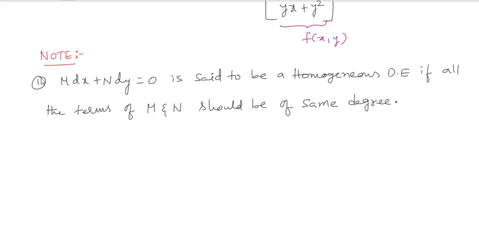That means Mdx plus Ndy is said to be a homogeneous differential equation if all the terms of M and N are of the same degree. Then I can call it that directly.